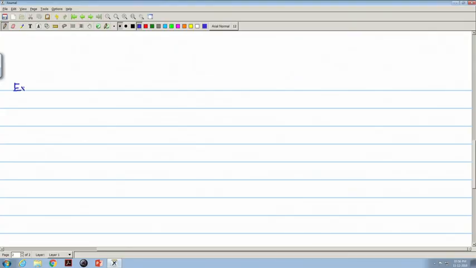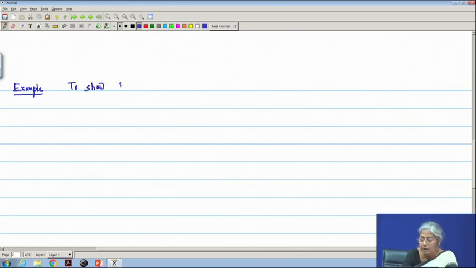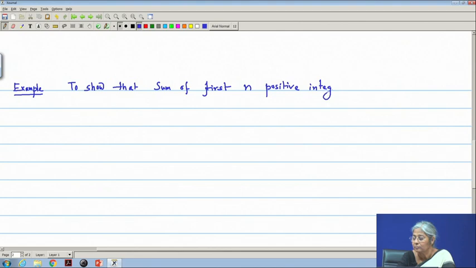We take one example: to show that the sum of the first n positive integers is n into n plus 1 by 2.